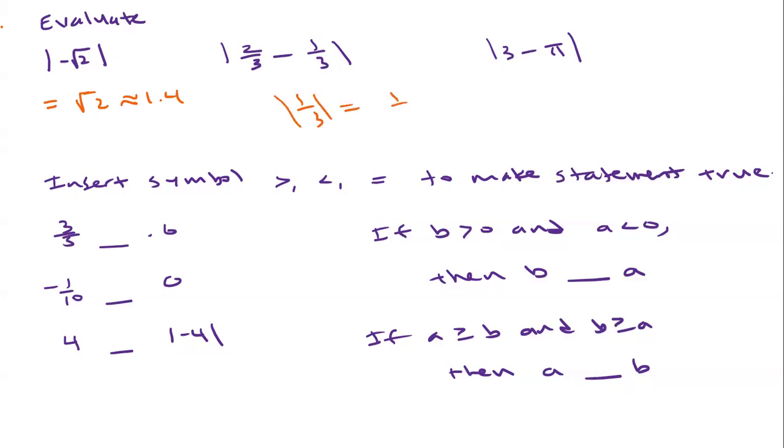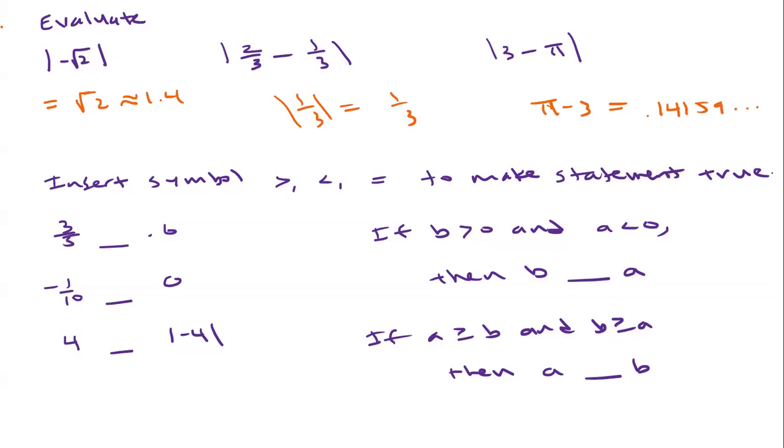The absolute value of 1/3 is still 1/3, right? And then 3 minus pi, another way to look at this: if we do 3 minus pi, we're going to get a negative answer inside, right? So another way to write this is pi minus 3. It's the same thing, right? Because we'll have a negative answer and then the absolute value turns it positive. So we should get pi minus 3, which is equal to 0.14159, etc.